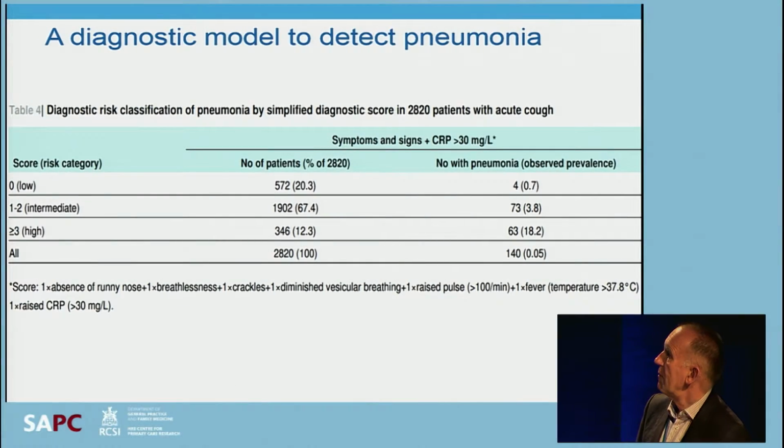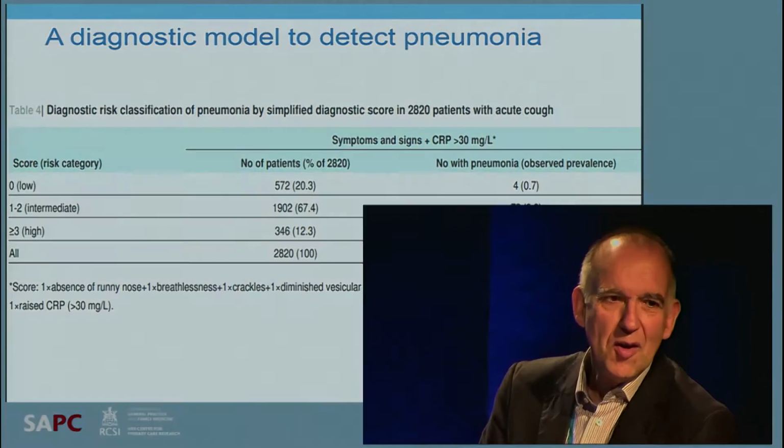In the low group, the model did slightly better than the GP, because 1.7% is better than the 5%, the 95% negative predictive value that the GP had. But in the high-risk group, at maximum you will have a positive predictive value of 18%. That's much lower than the 57% that the GP himself was able to achieve. So the model will help you a little bit to exclude pneumonia, but to actually detect pneumonia the model is not helpful.